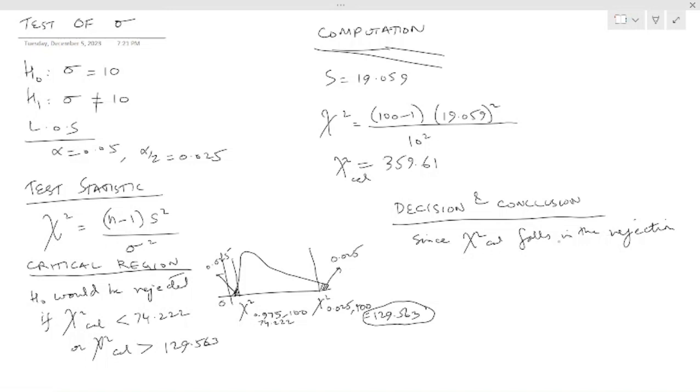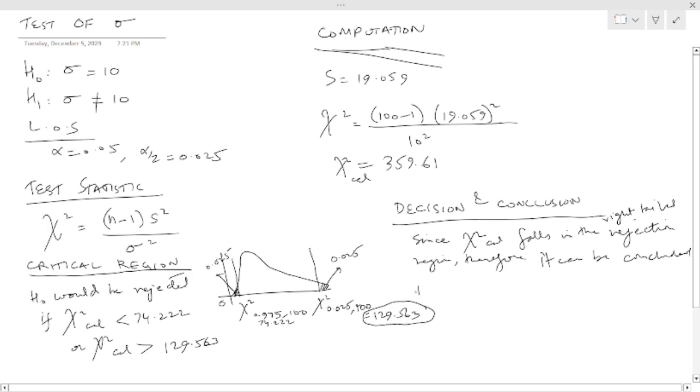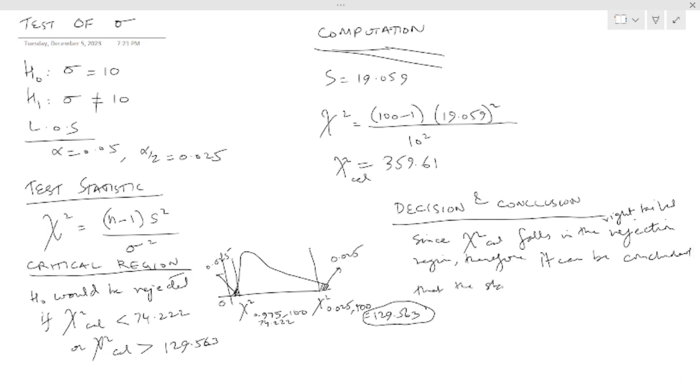So therefore, since chi-square calculated falls in the right tail rejection zone, therefore it can be concluded that the standard deviation of wages is significantly greater than $10.